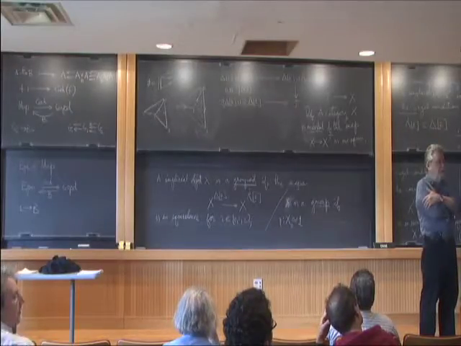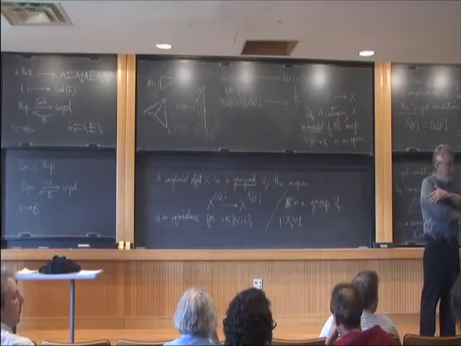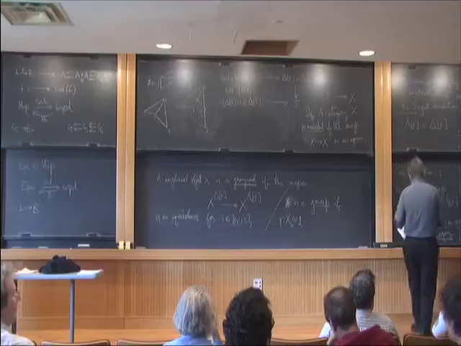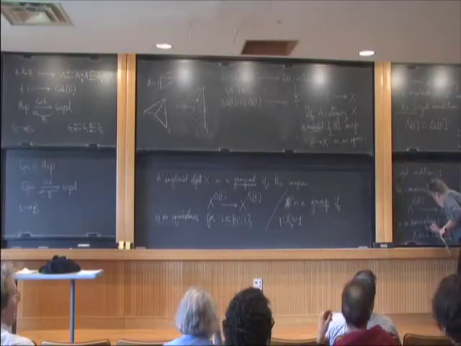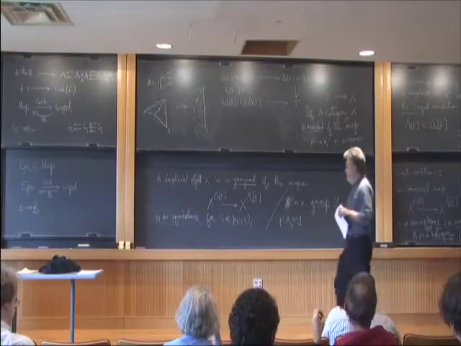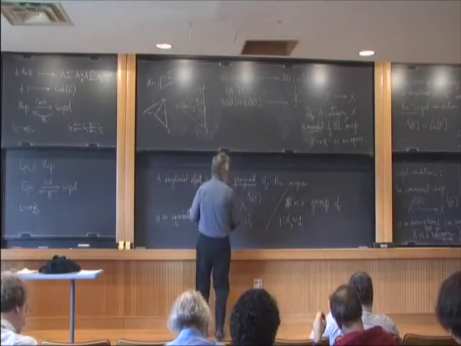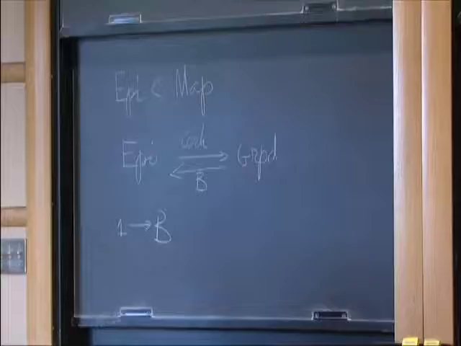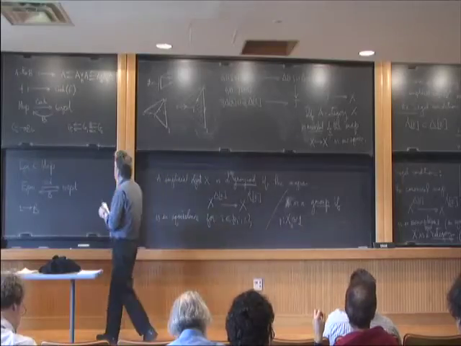The only groupoids are just objects, which maybe you like. Look, I can make the change now. A pre-category, a pre-groupoid.